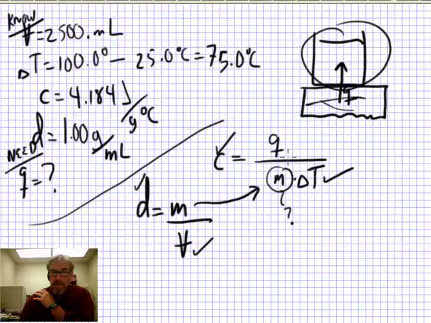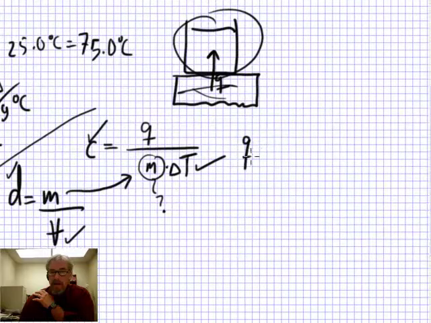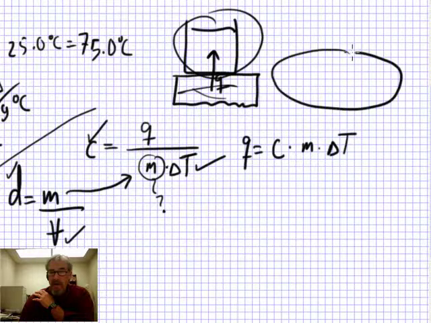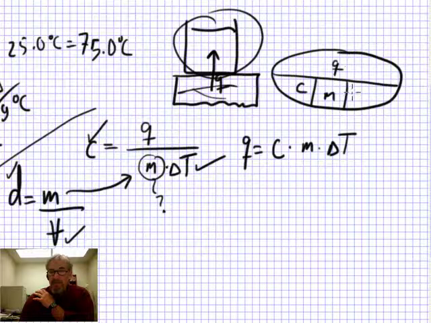Now, I like to do my algebra with symbols because it's way, way easier. So I'm going to solve this equation here for Q. If I multiply both sides by mass times delta T, here's what I come up with. Q is equal to specific heat times mass times delta T. And don't forget, if you're uncomfortable with doing algebra, you can use this little device here that we saw in an earlier podcast.